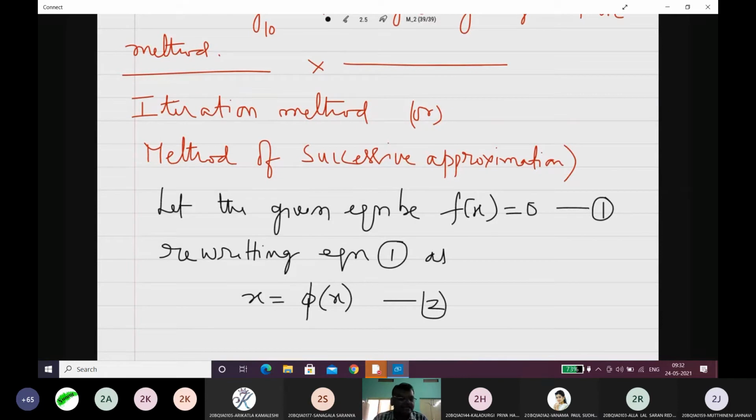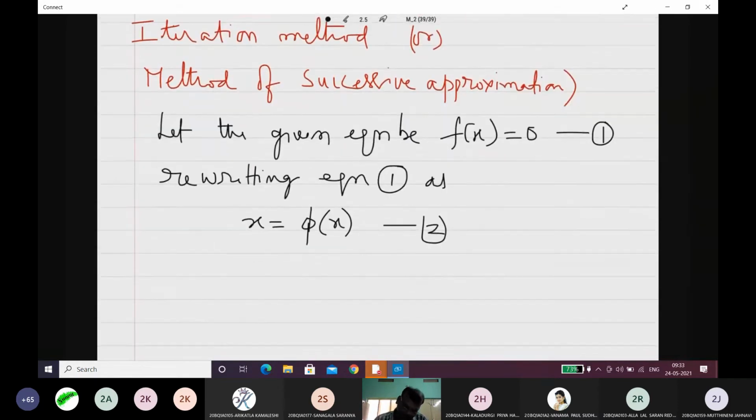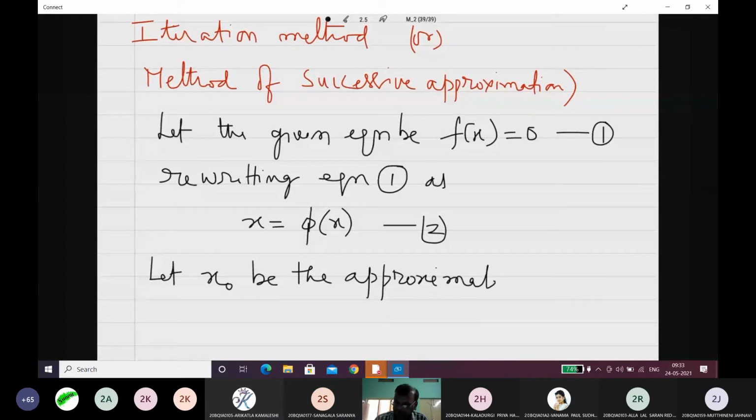Now let x naught be the approximate value of the required root.